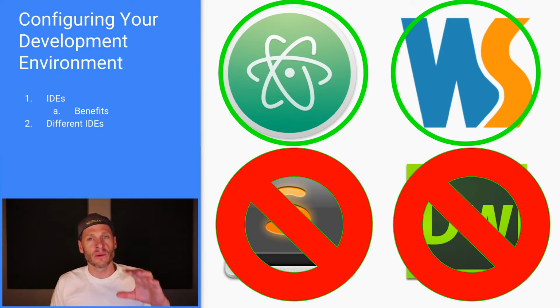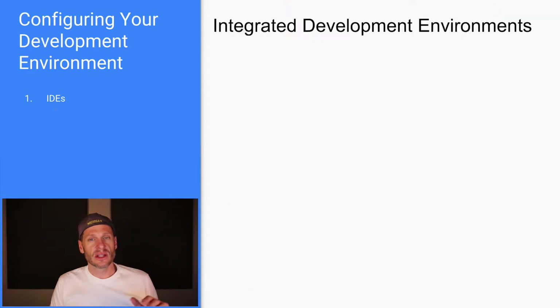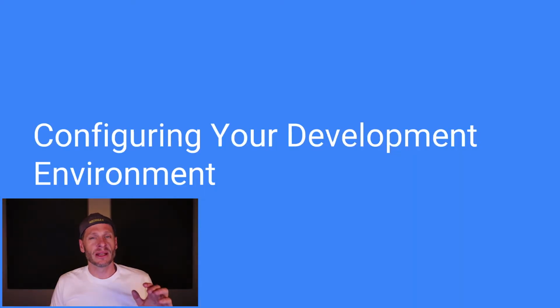I'm going to show you which IDE I like, these 2, in just a second. But just watch the videos for the IDE you want to use, or if you're trying to compare between WebStorm and Atom, then just watch the videos of WebStorm and Atom. You don't have to watch all of the next videos for each of the IDEs, just the one that you want. So this is configuring your development environment.